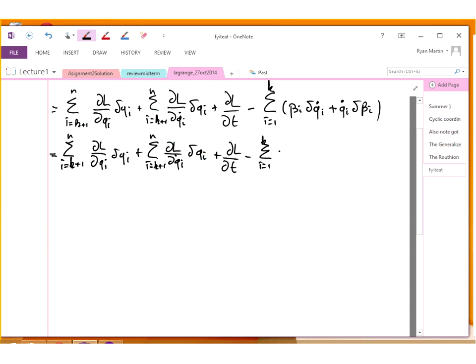Now the beta i I'm going to write as ∂L/∂qi dot, so that's times δqi dot. Plus, minus the last term, the sum of i equals 1 to k of qi dot δbeta i.